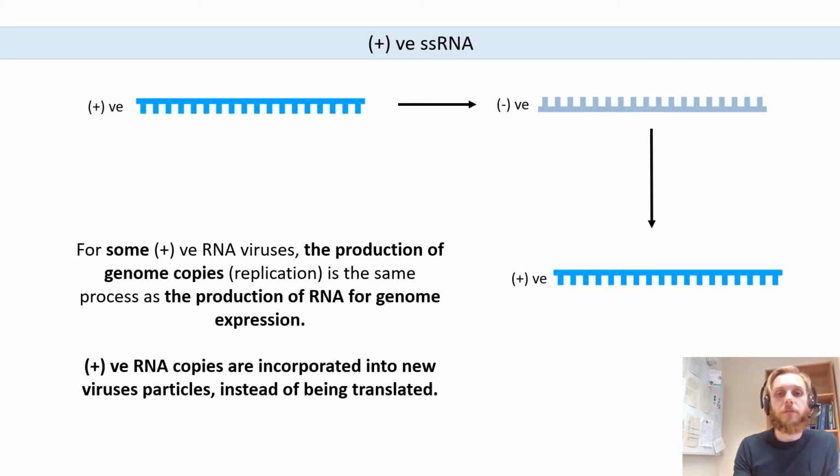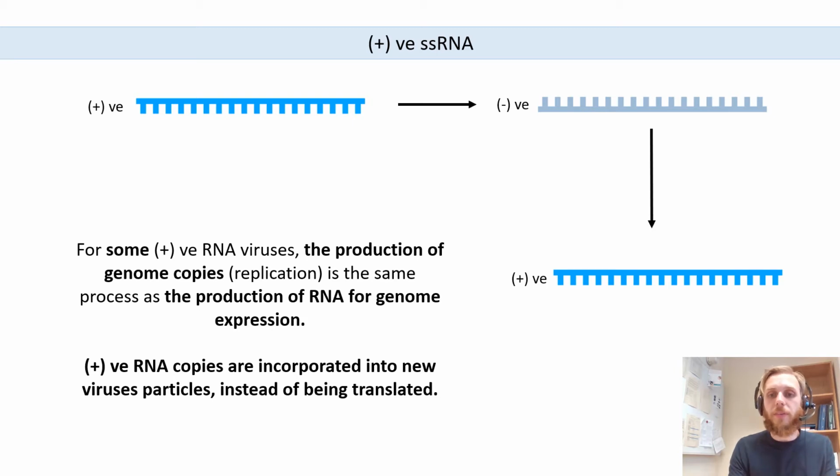Genome expression involves a negative sense single strand of RNA being produced from the positive sense single-stranded RNA genome, and then a positive sense single-stranded RNA being produced from the negative sense single-stranded intermediate. All we're doing is taking away the actual translation, the end point of the process.